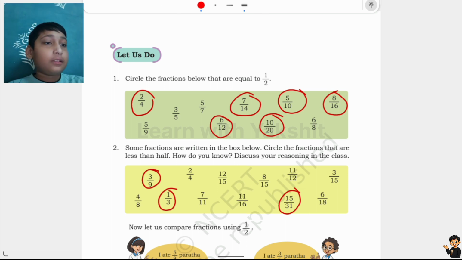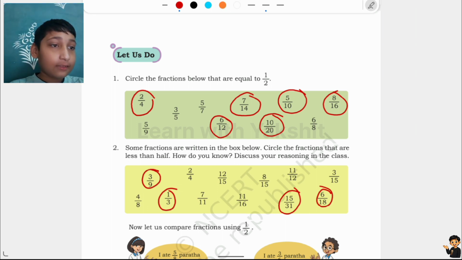Now, as we can see, this is 18 and this is 6. Did we just discover another pattern? This is 1 upon 3, which we have circled. That's correct. Yay!